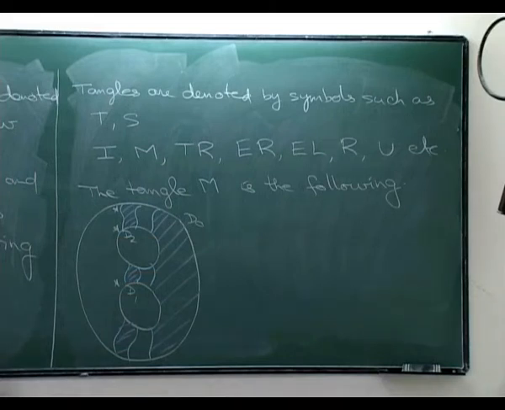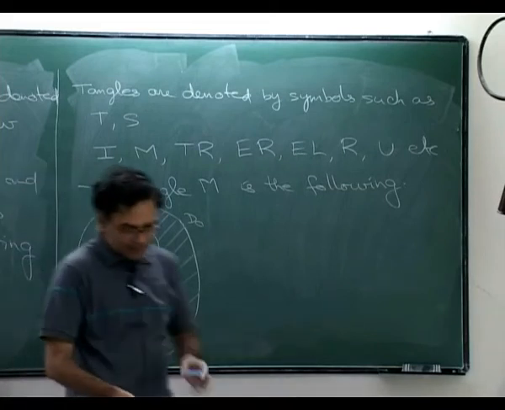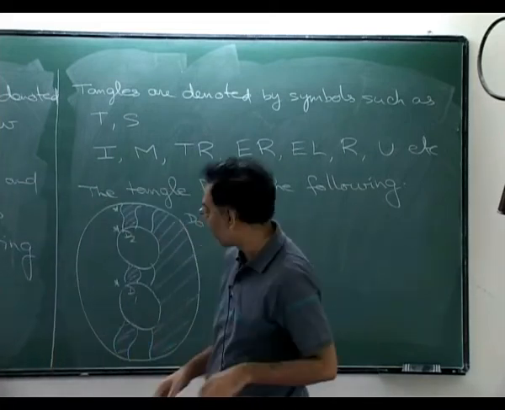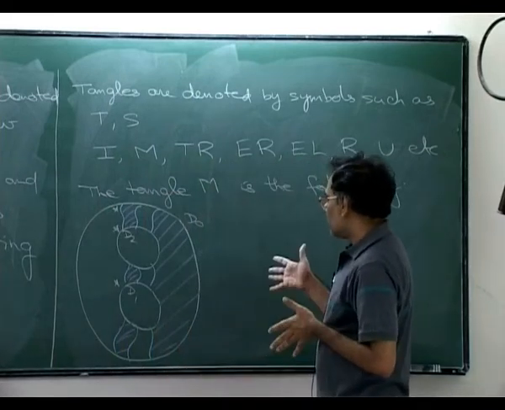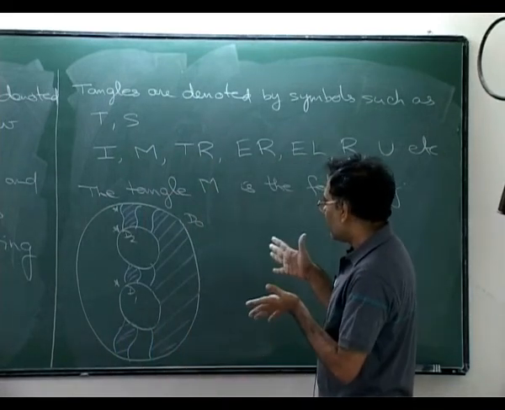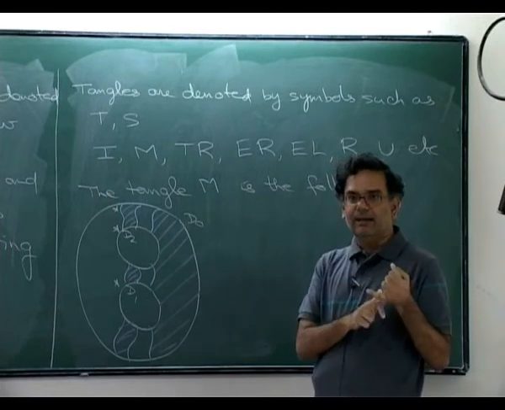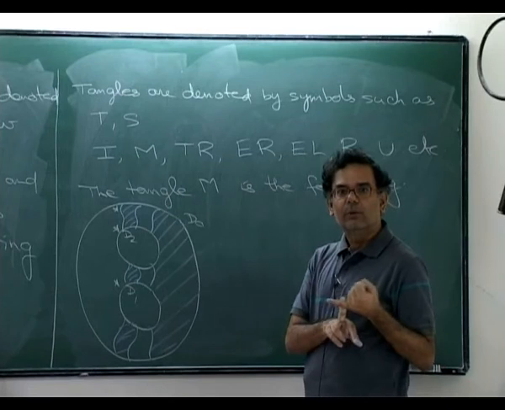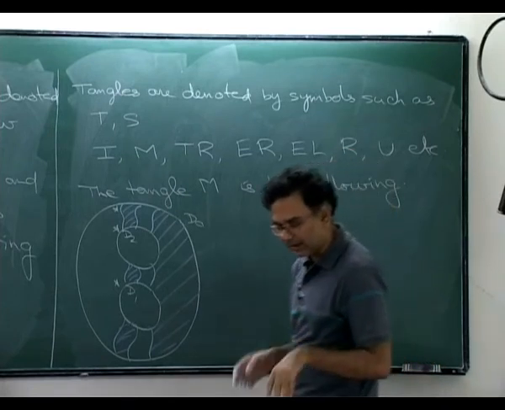Okay, so this tangle is called the multiplication tangle, and I want to illustrate something about it. I want to illustrate what is the star of this tangle, that is when you reflect what happens, and I want to illustrate when you renumber what happens and what's the connection between the two.